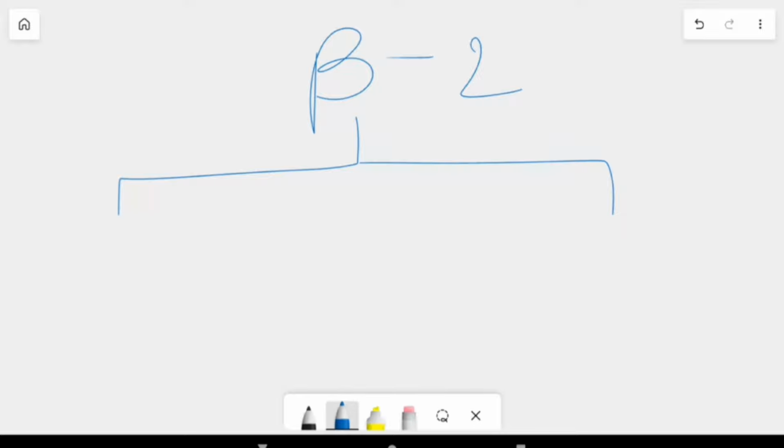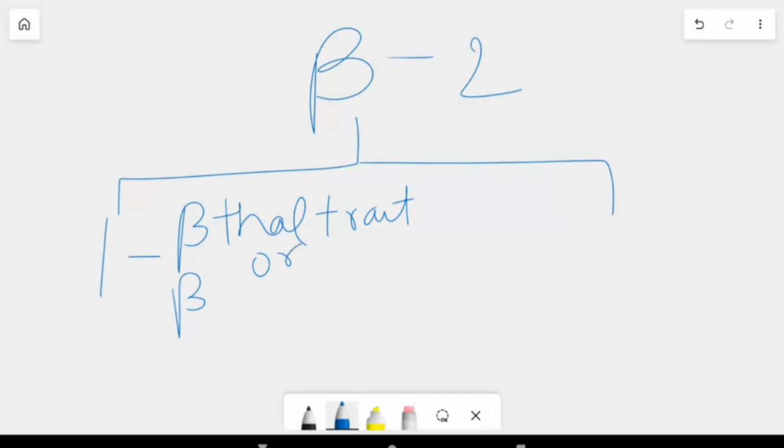But if there is only 1 gene which codes for beta globin, this condition will be called beta thalassemia trait, or beta thalassemia minor. Beta thal minor. This person would be asymptomatic, as they can still survive with 1 gene coding for beta globin.